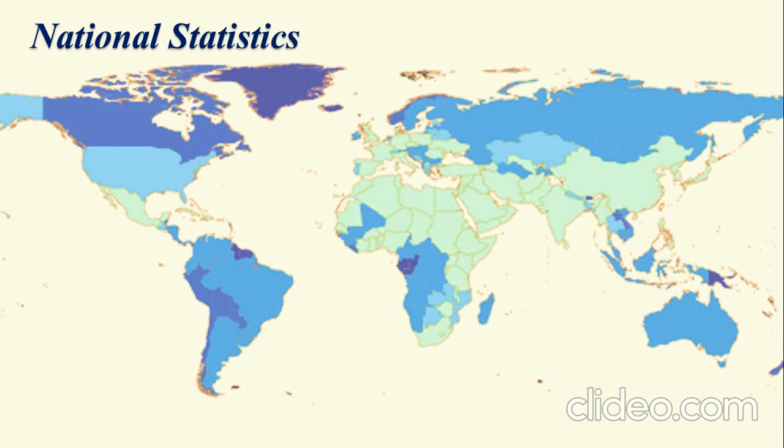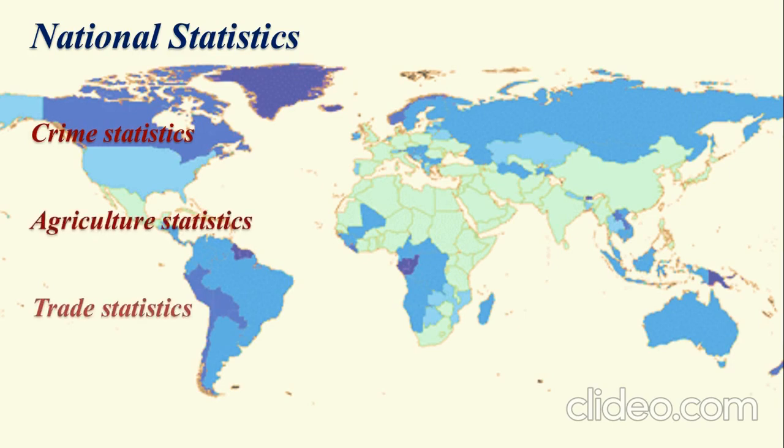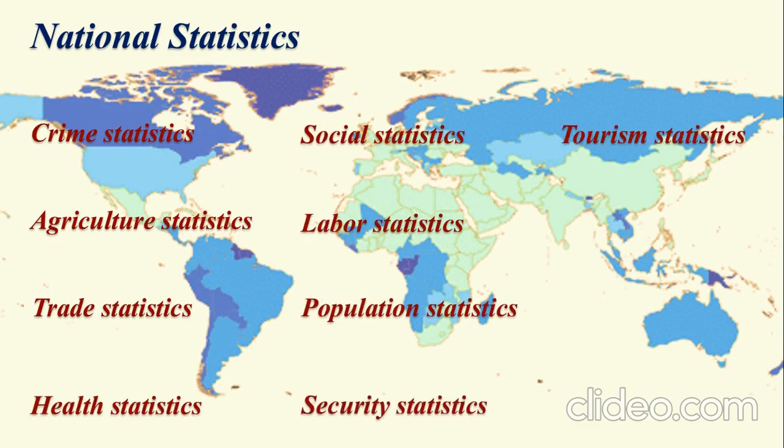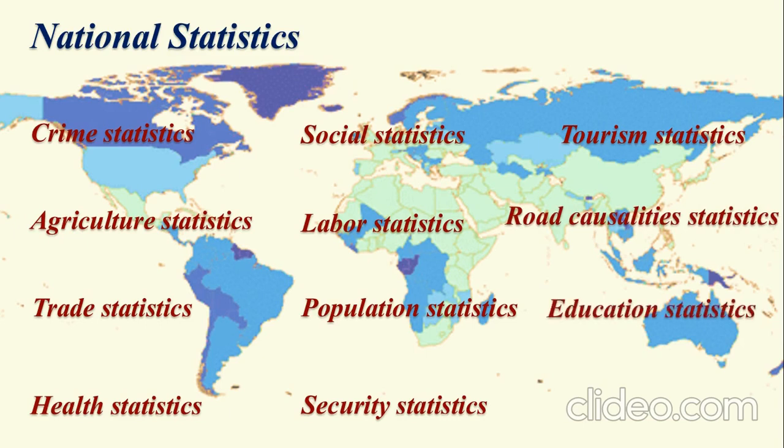For example, in Zimbabwe we have ZimStat, Zimbabwe National Statistics Agency. These statistical offices produce statistics like crime statistics, agriculture statistics, trade statistics, health statistics, social statistics, labor statistics, population statistics, security statistics, tourism statistics, road casualty statistics, education statistics, as well as energy statistics.